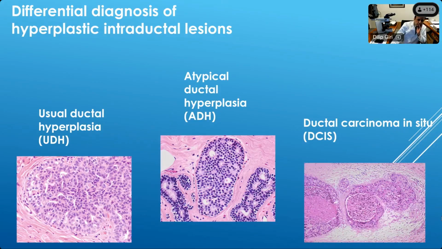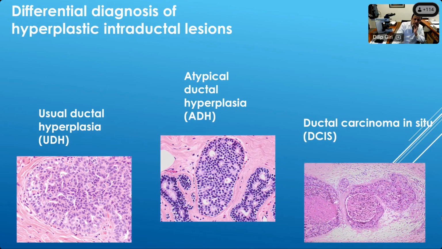Now, DCIS, of course, is further progression of ADH, and we will talk a little bit more about that and what the problems are in distinguishing ADH versus DCIS. And some of these problems are really very difficult to resolve. And that actually can be sometimes problematic, both clinically and also in terms of making a diagnosis.